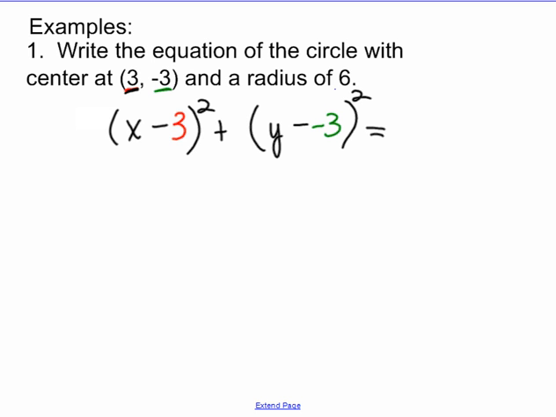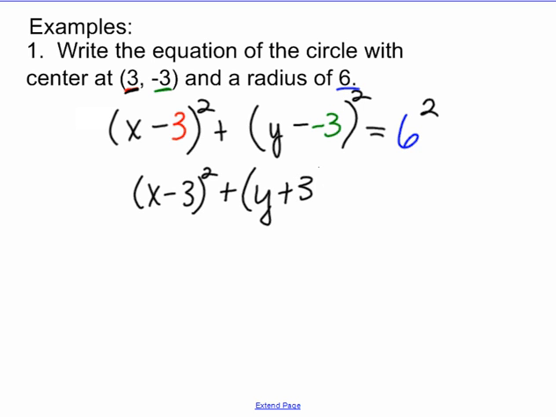So your radius is this 6. So 6 and then squared. So when we simplify those terms, we end up with x minus 3 plus y plus 3 squared equals 36. That's the formula for that circle.